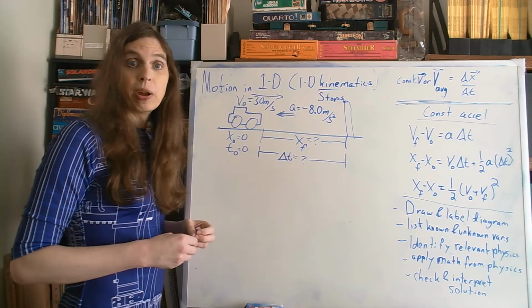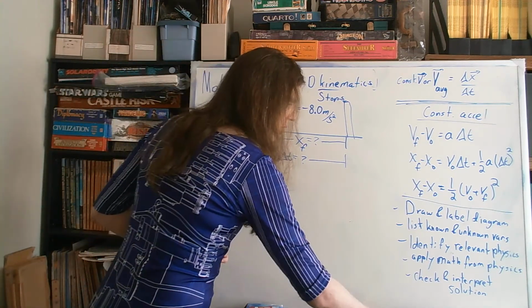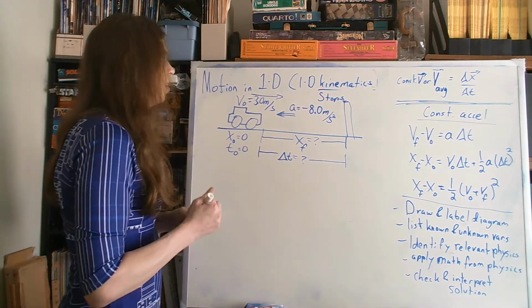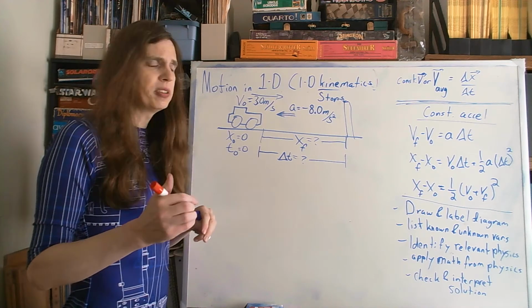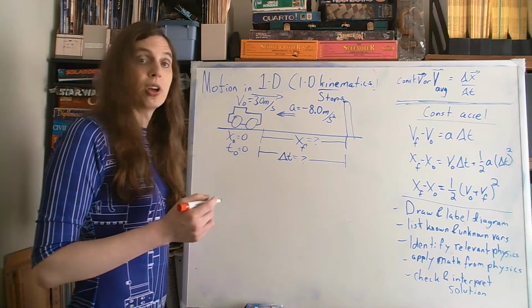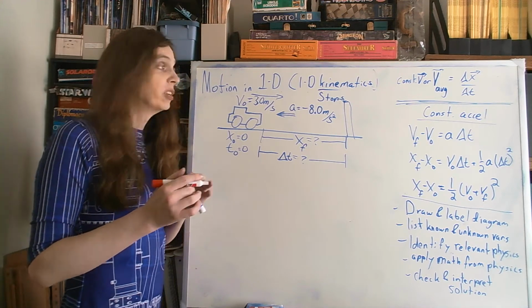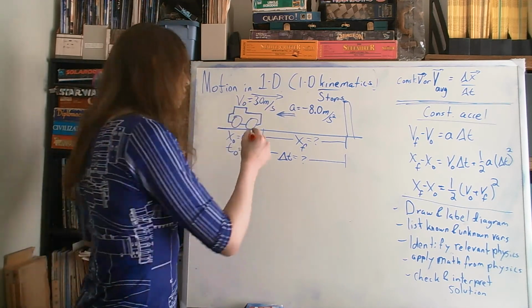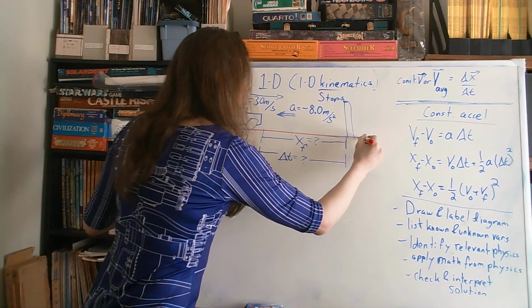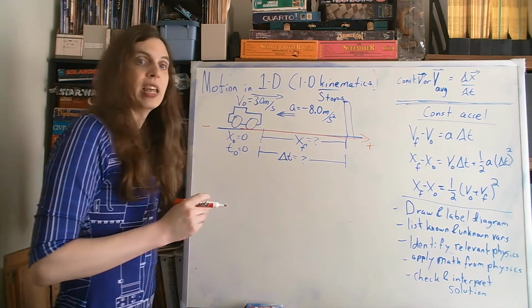I told you the acceleration, and what I didn't specify earlier is that we have chosen a coordinate system. That is, we've selected, by virtue of what things I'm labeling positive and negative, which direction is the positive direction and which direction is the negative direction.